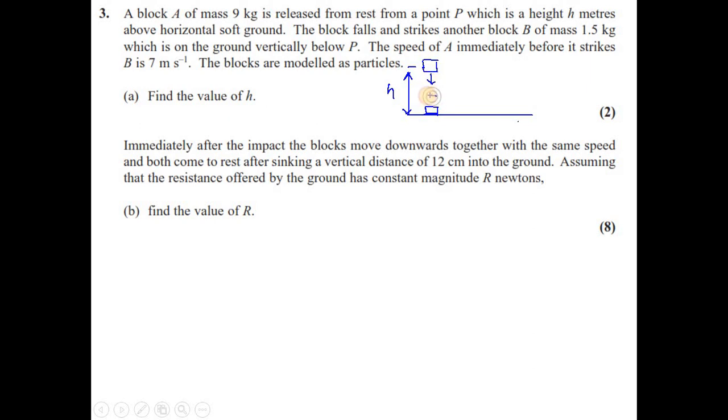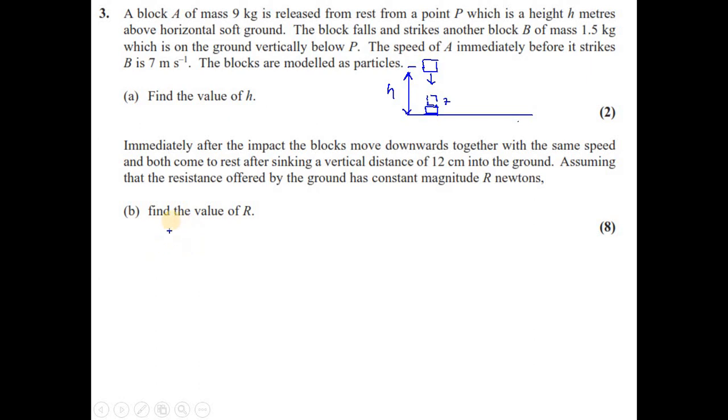When the block just hits, at that moment the block has velocity 7 meters per second, and we need to figure out h. So again we have a condition of free fall motion, so we can use this information to find the height.